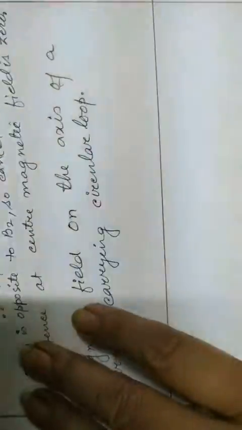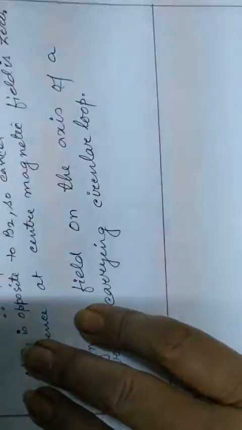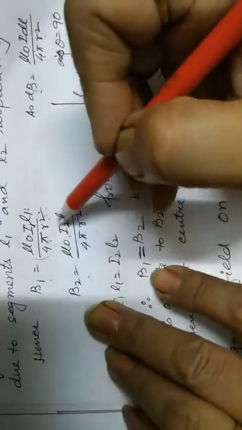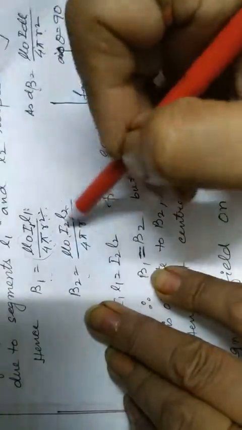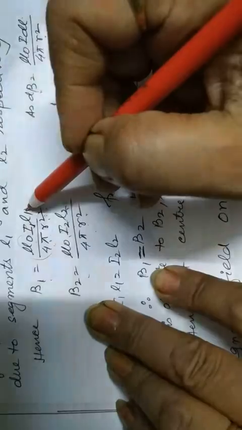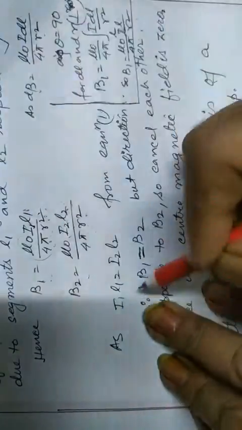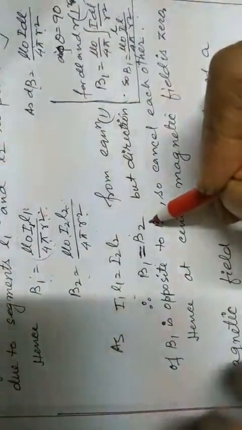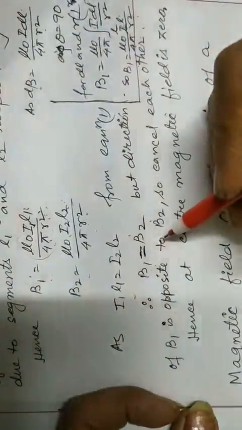Here the mu 0 by 4 pi r square part is the same in both terms. So I1 L1 and I2 L2, and as I1 L1 equal to I2 L2 we got before, therefore B1 is equal to B2. So the magnitude of B1 and B2 is the same.